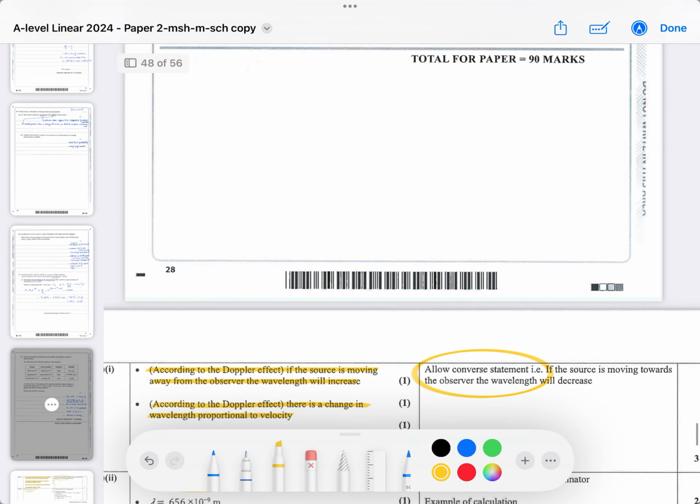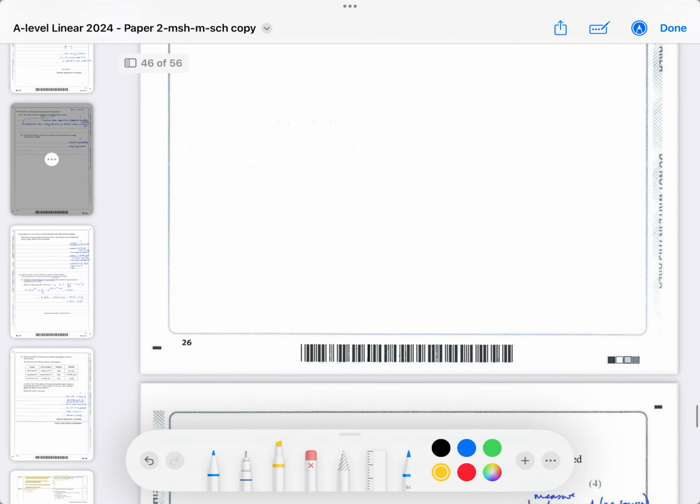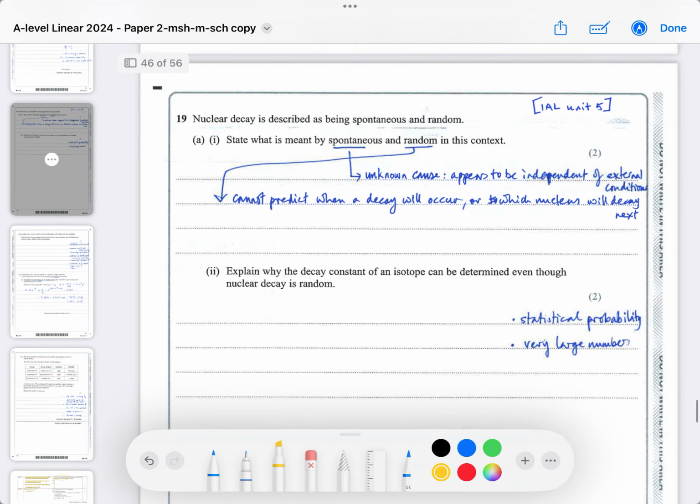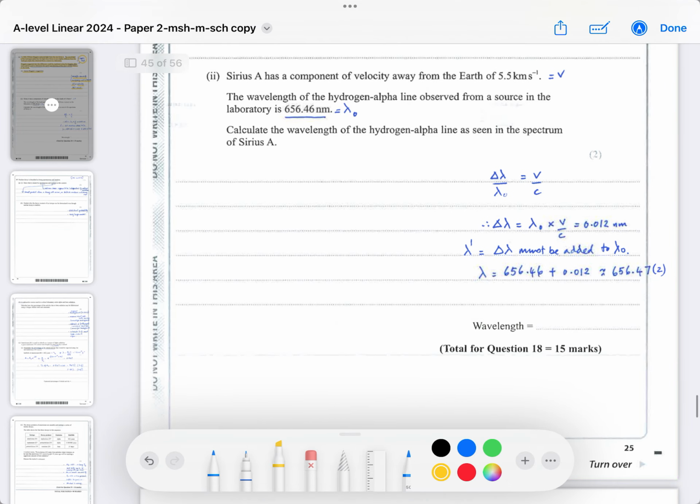Okay, so that was 18C part 1, going back to 18C part 2. Okay? Sirius A has a component of velocity away from the Earth with a known velocity of 5.5 kilometers per second.